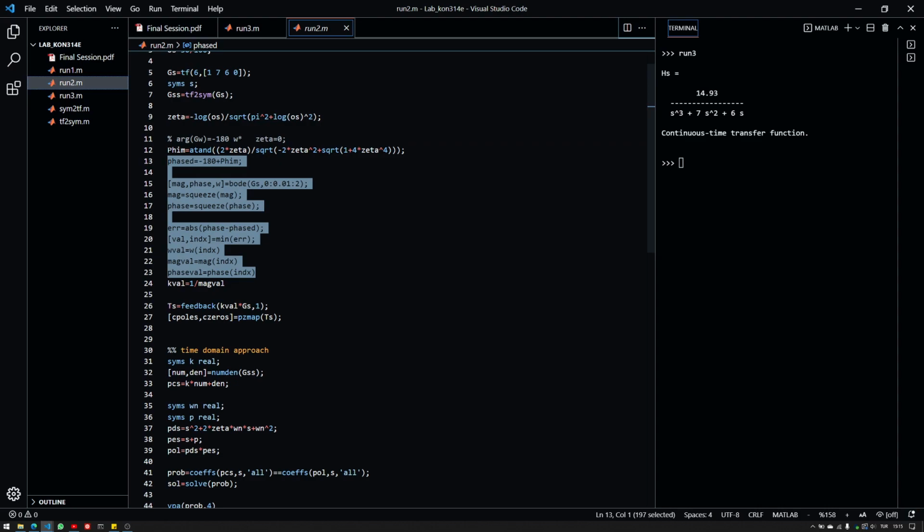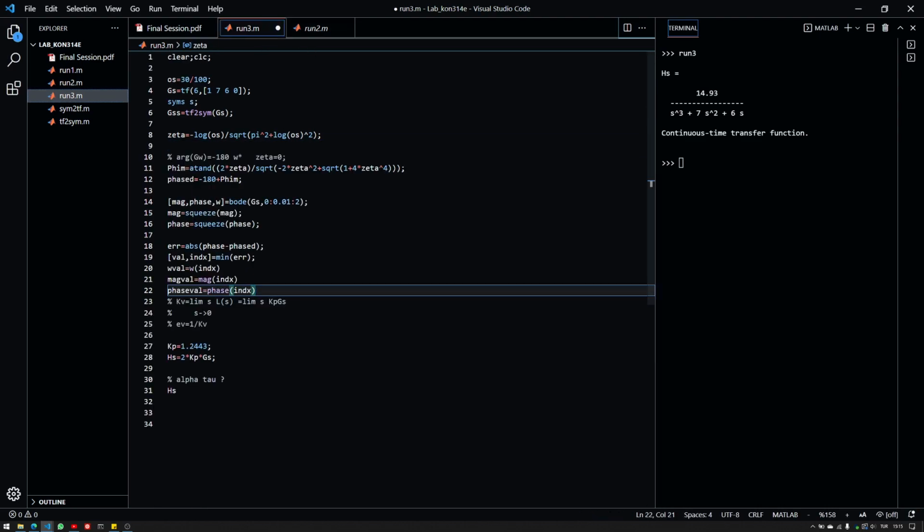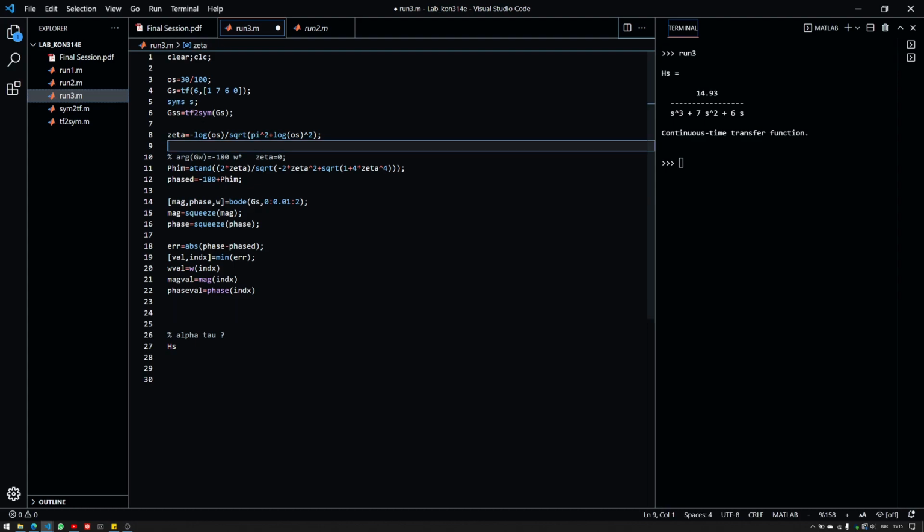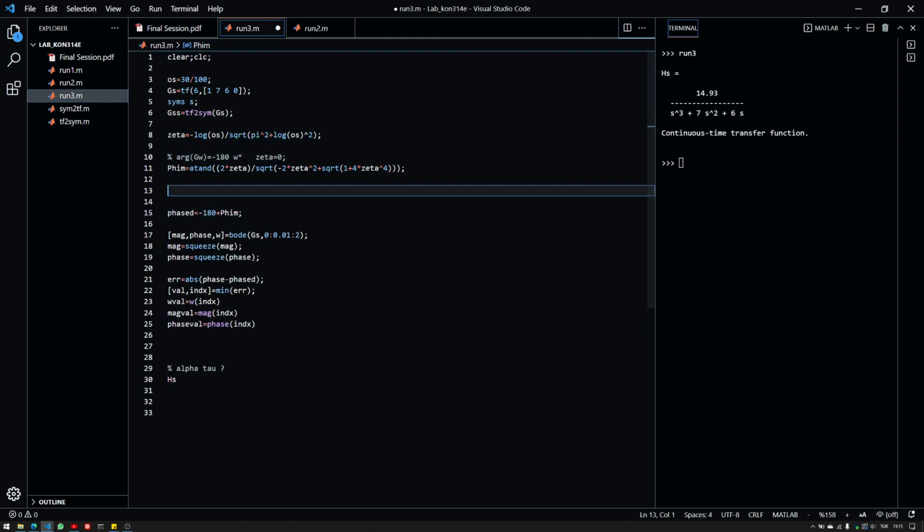So let's take this part too, maybe this part too. So basically we will somehow repeat this process, but we will look for different outcomes of the Bode plot. So I assume that we have already designed our Kp. Therefore, we need to bring this up somewhere here. And there we go.